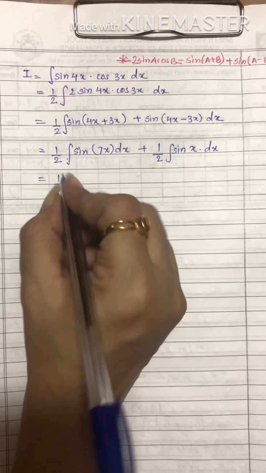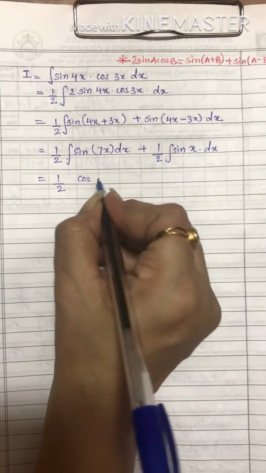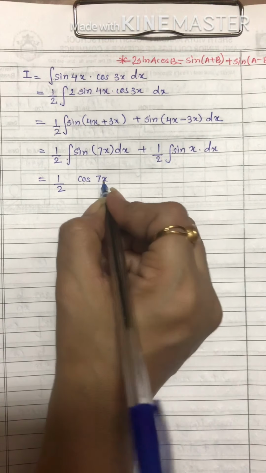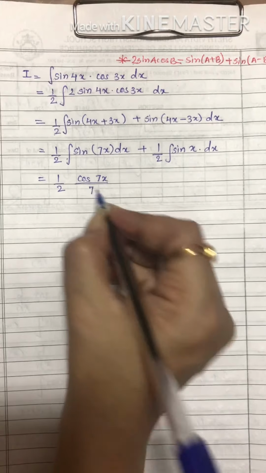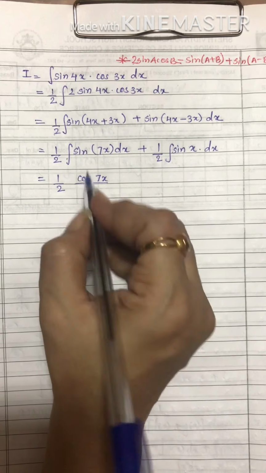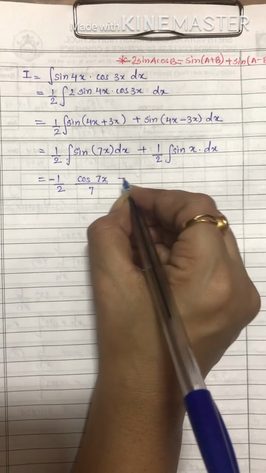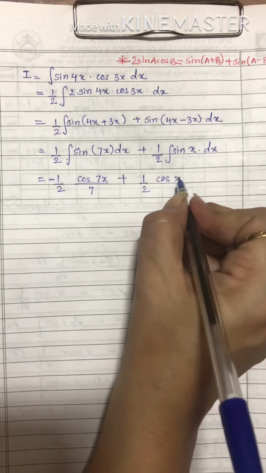Now when we solve further, integration of sin 7x you will get cos 7x. Only thing is, for the integration of 7x you will take this in the denominator. Okay, and then the answer was in c, so we get a negative sign here, and then plus, again here, integration sin x will give you cos x.